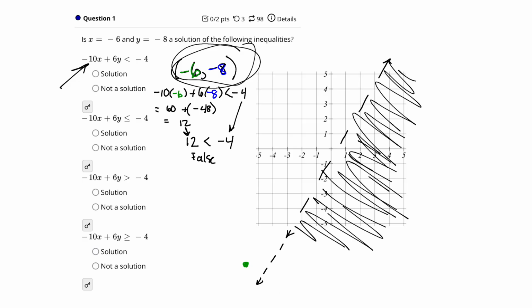So all you need to do for each one of these is to plug in this point, and you got that point because it gave it to you here, and see if it's true or false. If it's false, it is not a solution. If it is true, then it is a solution. Being a solution means that the point is in the shaded section.